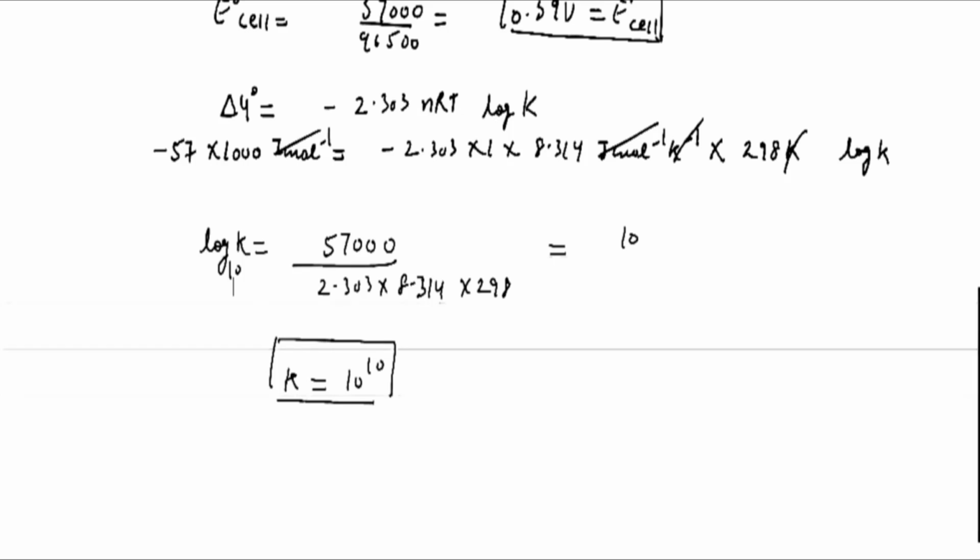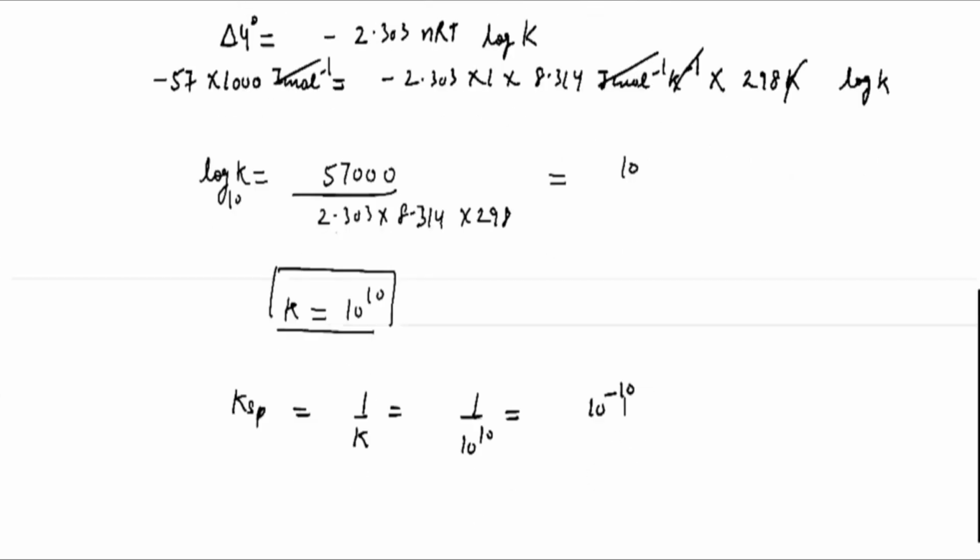Now Ksp will be the inverse of this K. Solubility product constant is for when AgCl dissociates to form Ag+ and Cl- ions, and this K we have calculated when Ag+ and Cl- ions form AgCl. So Ksp will be the inverse of K, that is 1 upon 10 raised to power 10, which is equal to 10 raised to power minus 10.